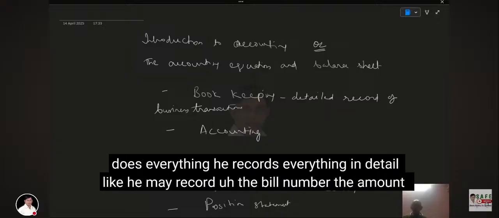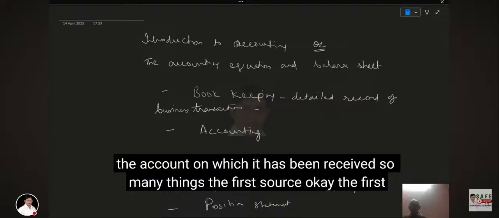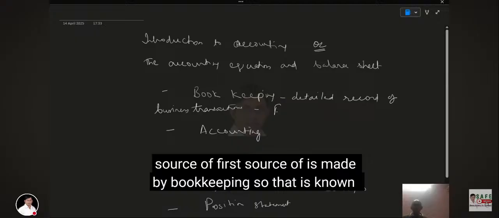He records everything in detail, like the bill number and the account on which it has been received. So many things. The first source is made by bookkeeping.